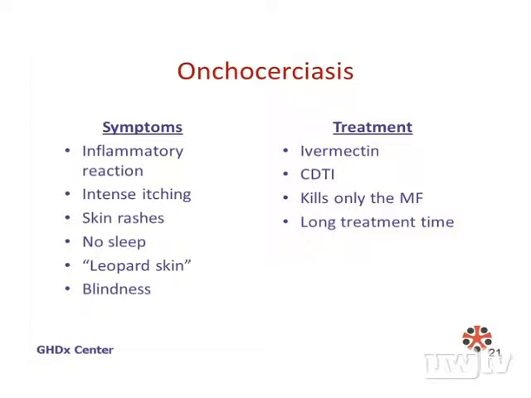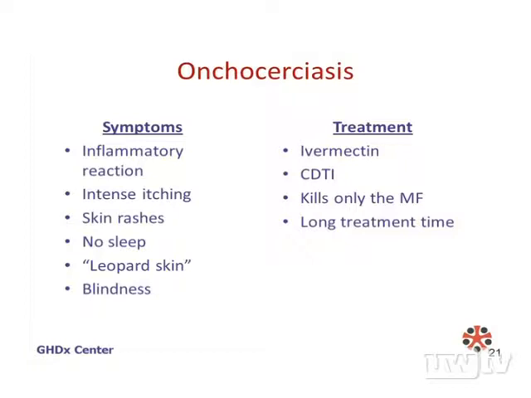So people are constantly fatigued, they have a hard time concentrating. And over time, people scratch a lot, they get rashes, they get severe skin disease. Over time, there's depigmentation in that region. That's why it's also called leopard skin.